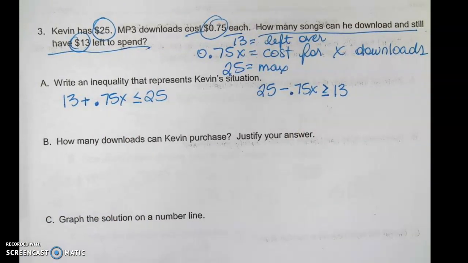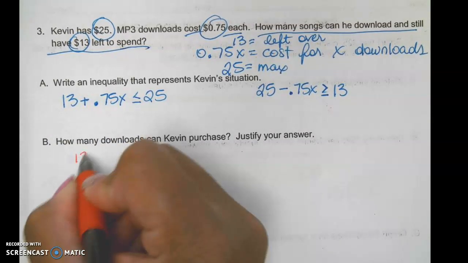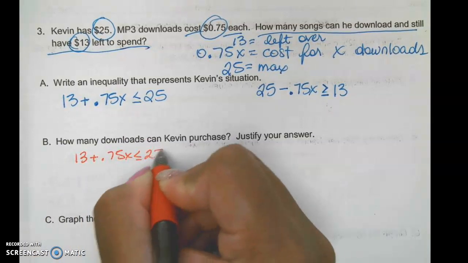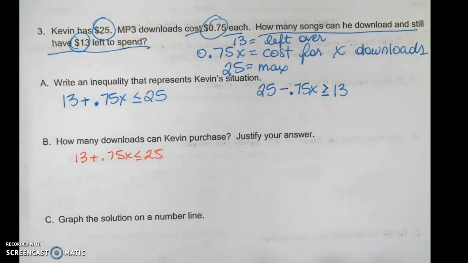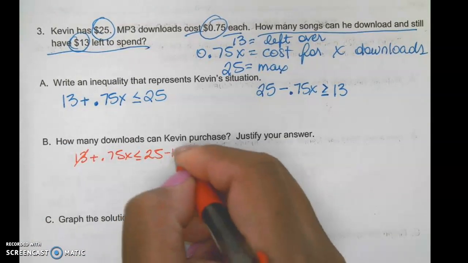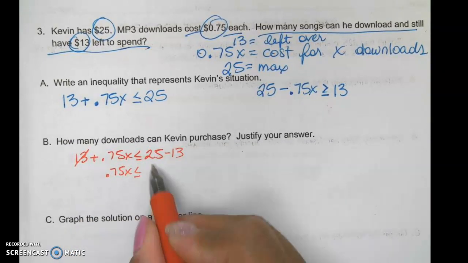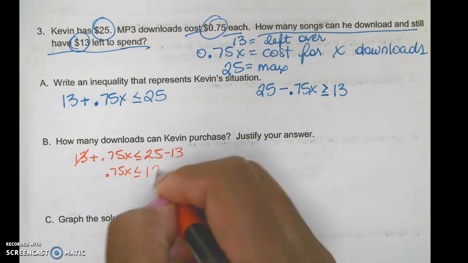Watch how cool this is. Over here, I could say 13 plus 75 hundredths x is less than or equal to 25. Get rid of the 13. 0.75x is less than or equal to 25 minus 13, which is 12.